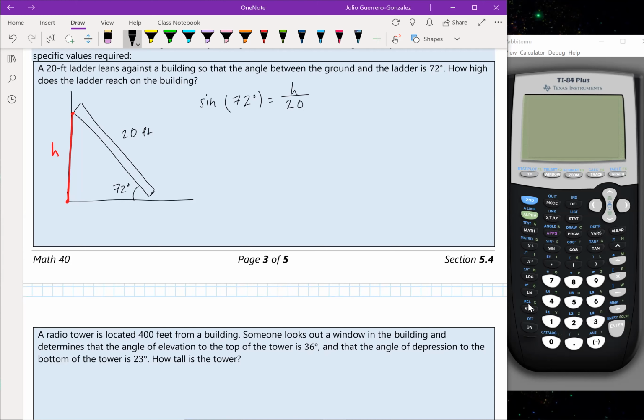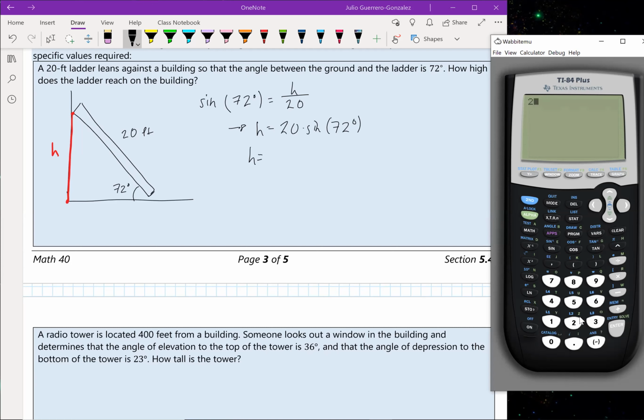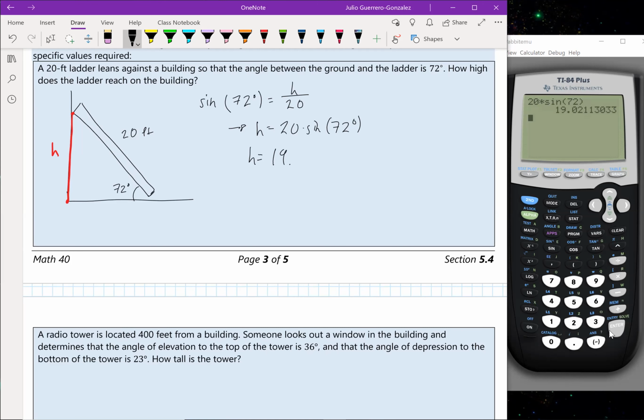So that tells me h is equal to 20 times sine of 72 degrees. If we go to our calculator, 20 times sine of 72 degrees is 19.02 feet.